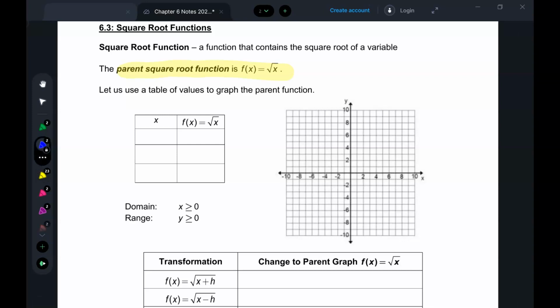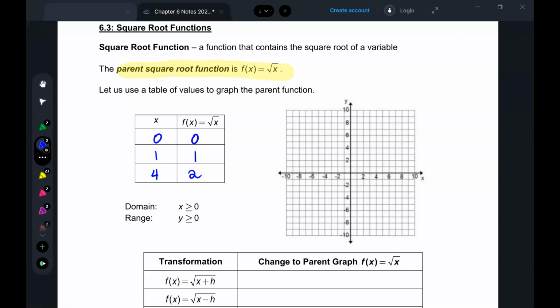What we want to think about is what numbers would be good to plug in for a square root. So we'll start with 0. 0 is a good one, because what's the square root of 0? 0. Let's plug in 1 and then we'll plug in 4, because the square root of 1 is 1 and the square root of 4 is 2.